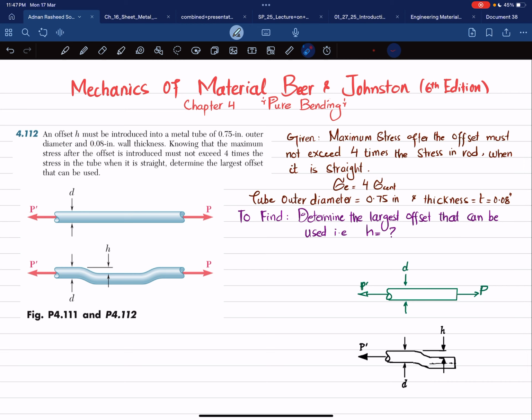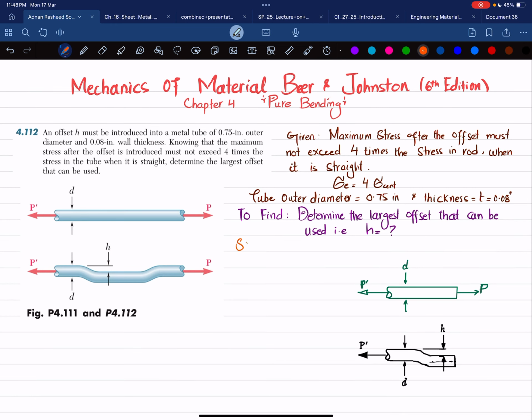When it is straight, it is exerted by a tensile load, and then it is given an offset, and this offset is producing the offset stress, and that should not exceed 4 times the stress in the tube when it is straight. So you have to determine the largest offset that can be used. So let's start with the solution.